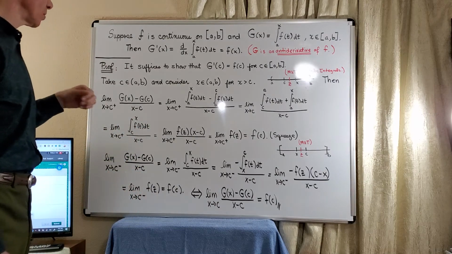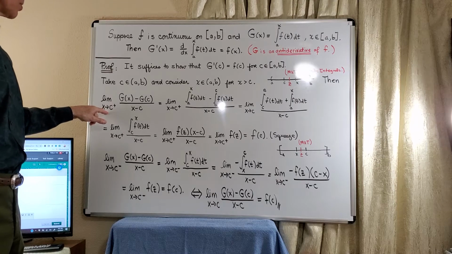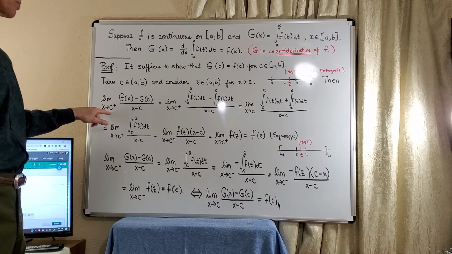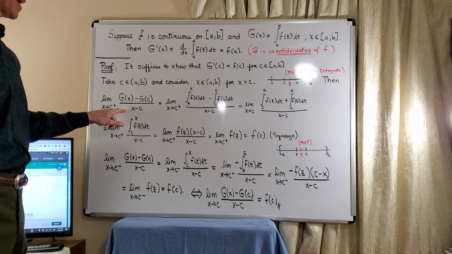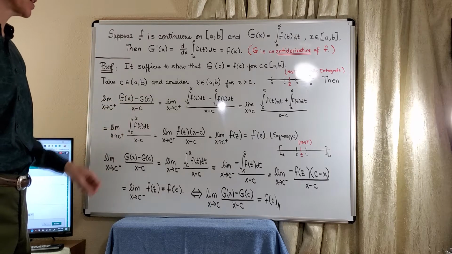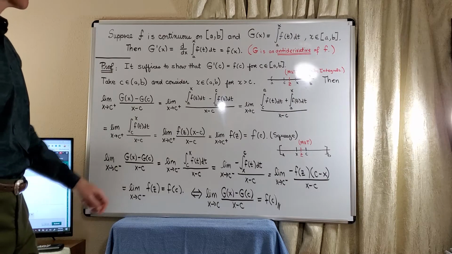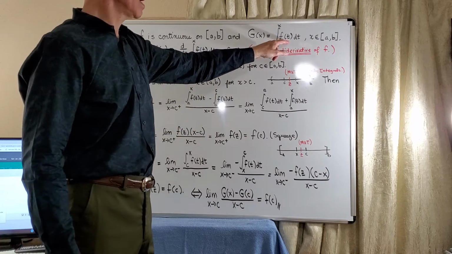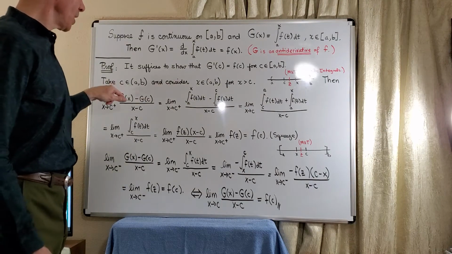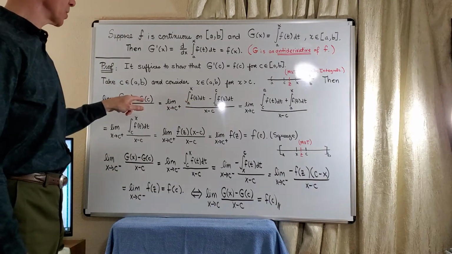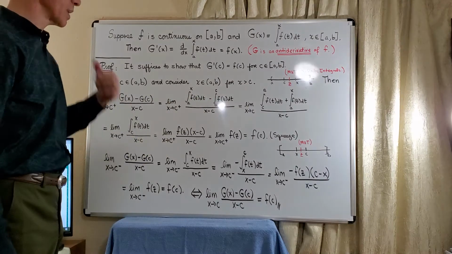Then we're going to do the right limit, that is x approaches c from the right, of g of x minus g of c divided by x minus c, which is the definition of derivative. And now, of course, we take the definition of g and we replace g of x with the integral definition and g of c with the integral definition.